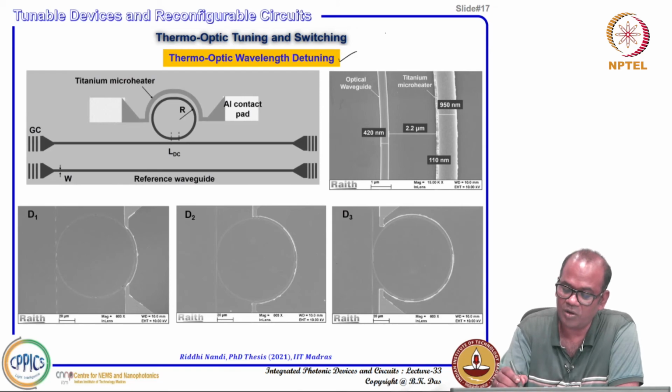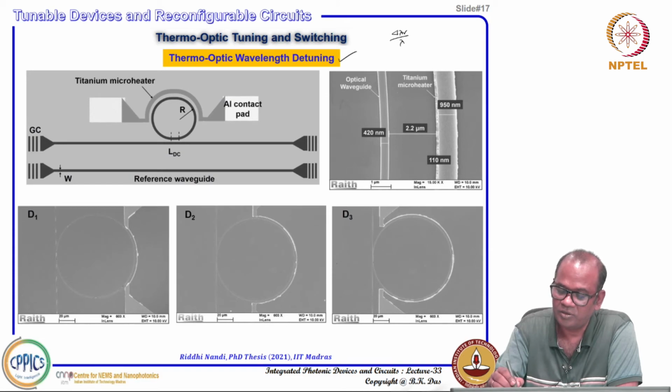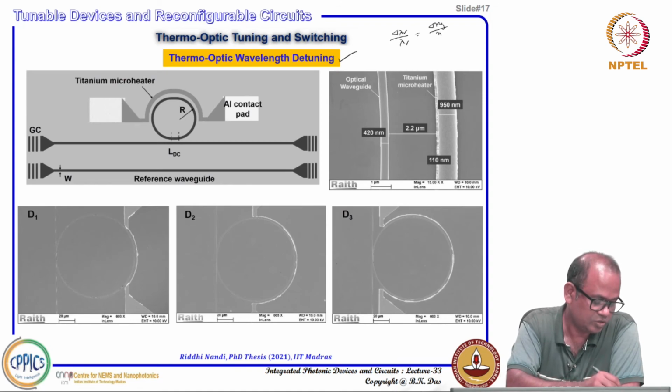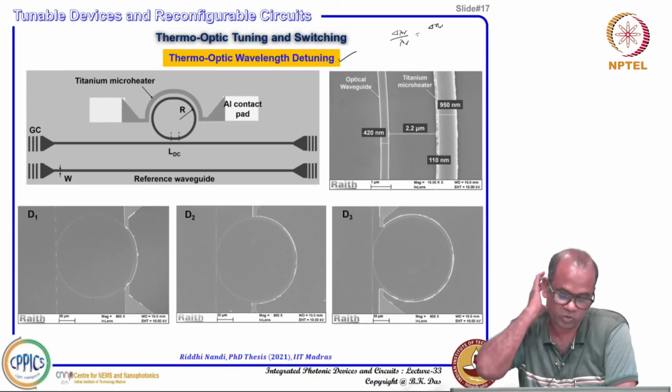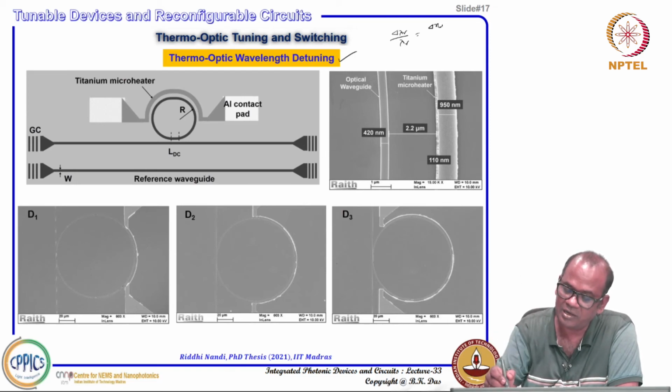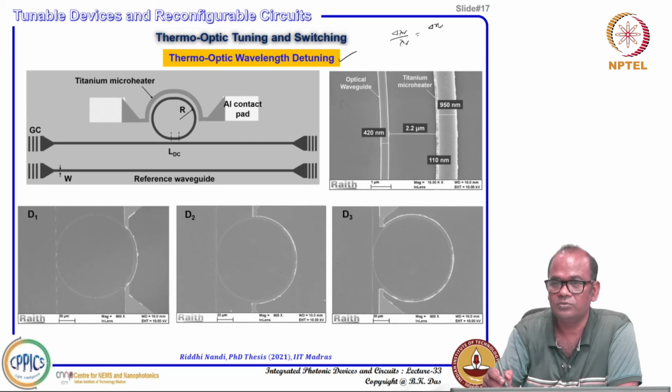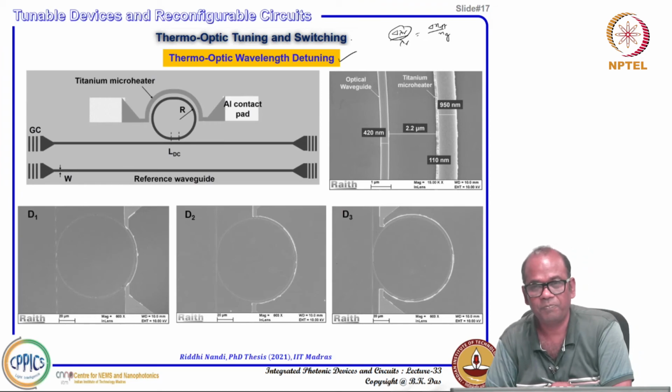We have already shown earlier that the resonant shift delta lambda r for a given resonant wavelength is something we derived earlier: delta n effective by delta Ng, the group index of the waveguide. This delta n effective is proportional to the temperature rise, and if you increase the temperature, the resonant wavelength will be shifted.